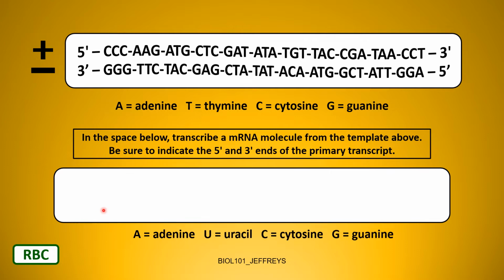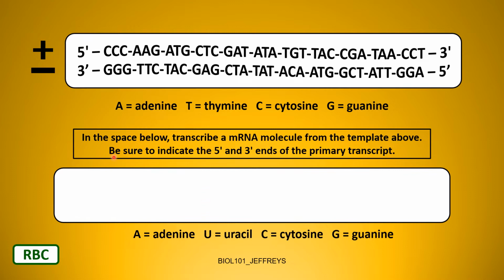So what that means is when you transcribe your template into your message, because there are no T's in RNA, you have to replace every A with a U, because A is complementary to T. So when we transcribe A, we can't transcribe it into T because there is no T. We have to use a U.